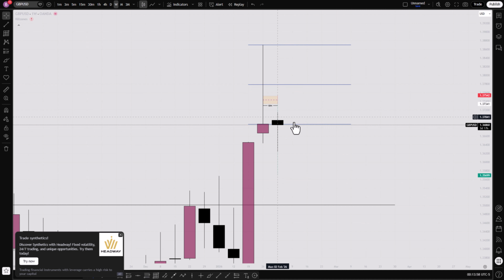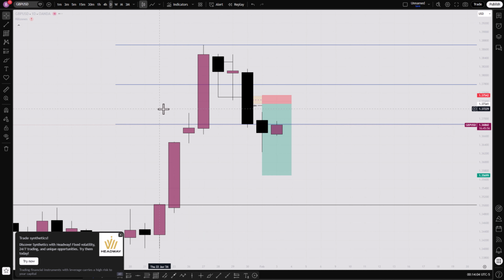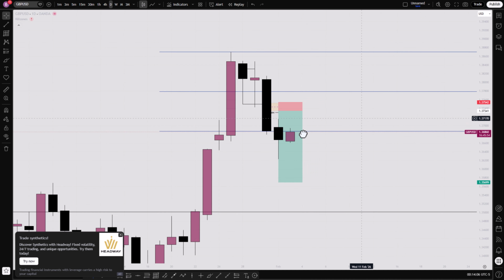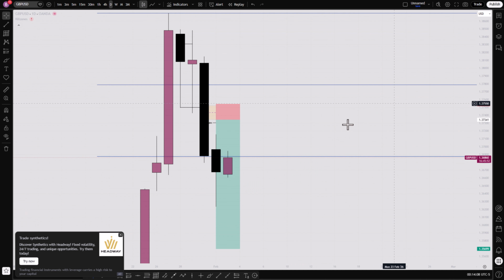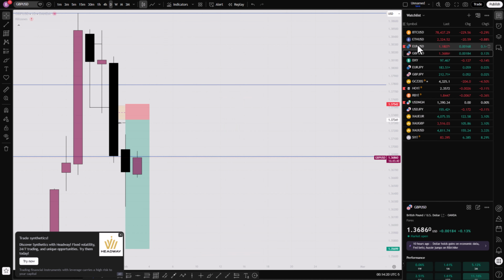So if price should be bearish, I want to see price being held at this fair value gap. You see this fair value gap. Now here, the GBP USD has only one fair value gap, which is in line with this fair value gap here on the dollar.